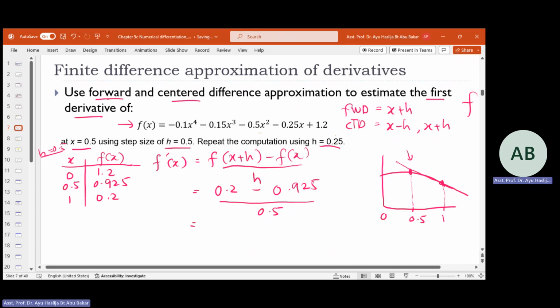What do you get? 1.45. Negative or positive? Negative 1.45. This is forward.